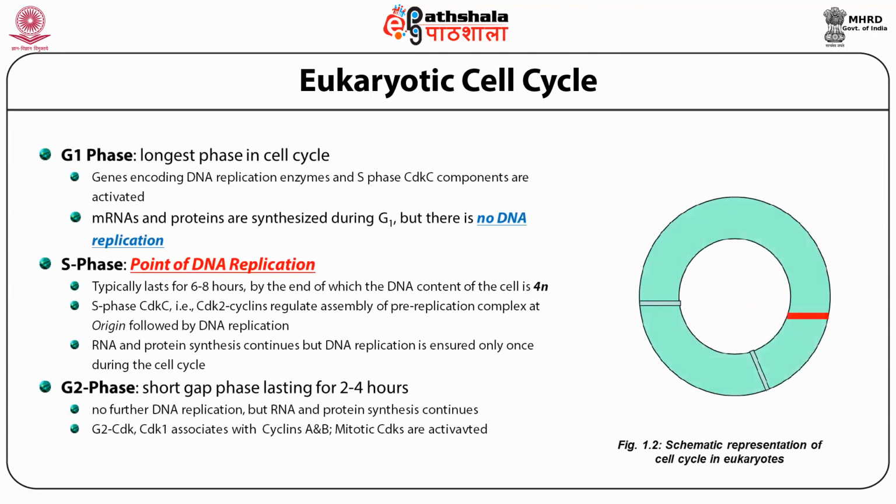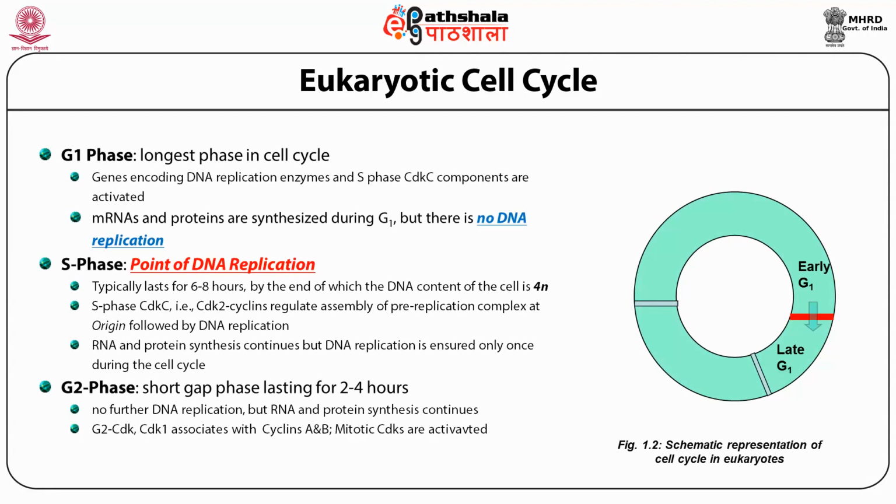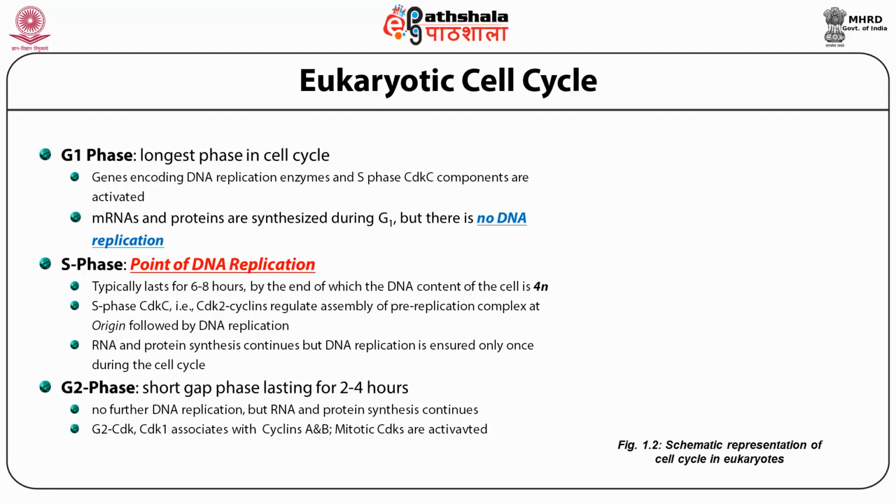Now let's understand what is the exact point of DNA replication in the eukaryotic cell cycle. As we have already seen, the most important difference between prokaryotes and eukaryotes is the occurrence of a nucleus and the genome enclosed inside a nuclear envelope.